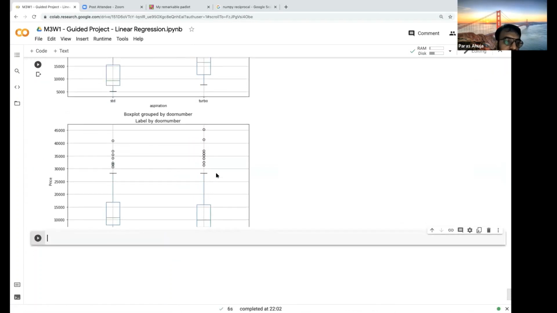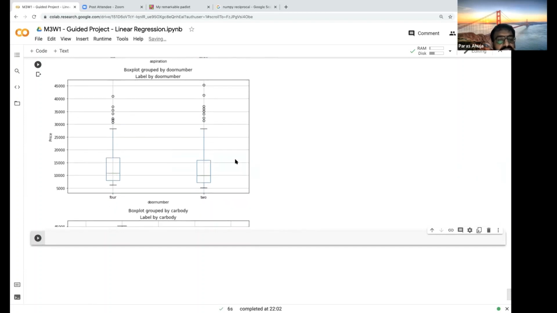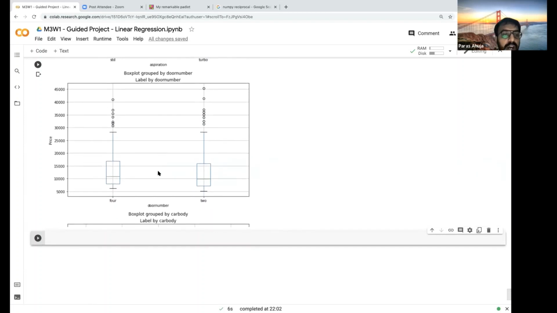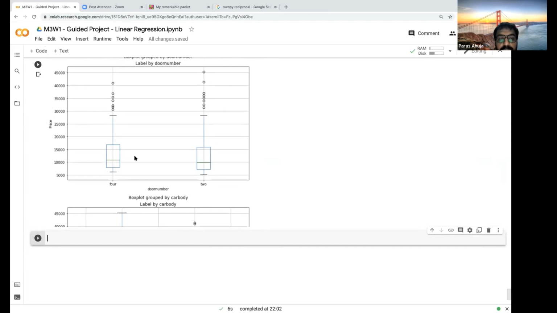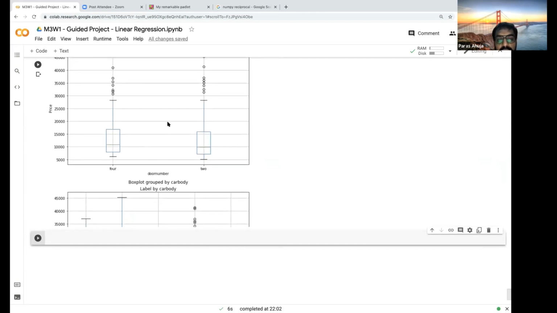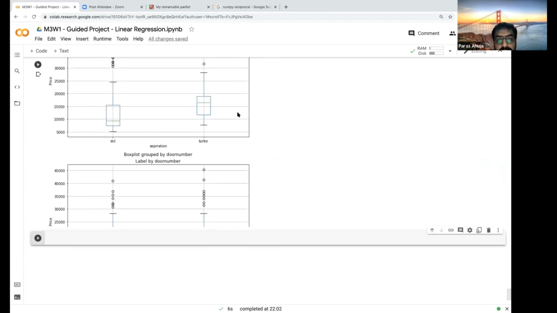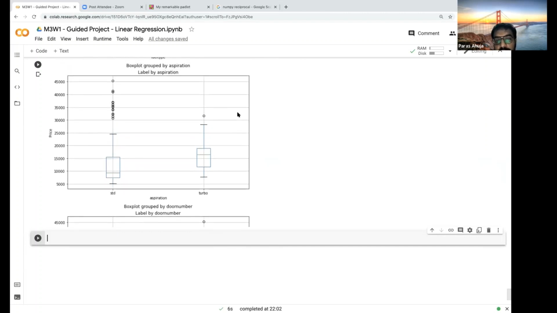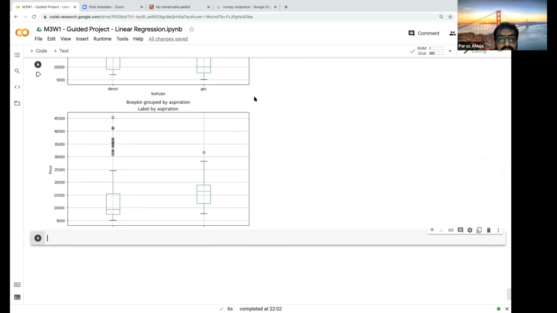So I have created some box plots. These box plots tell us how our different categories are dependent on price, right? Basically a correlation analysis with respect to price, of every column. With box plots, and I think you have done in your plotting module, you learn when to take box plots and when to take scatter plots.